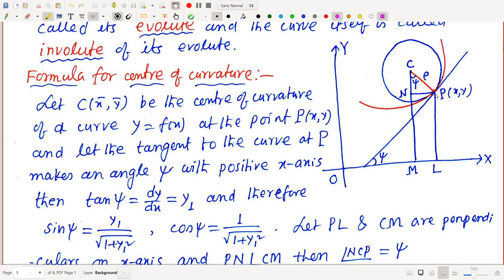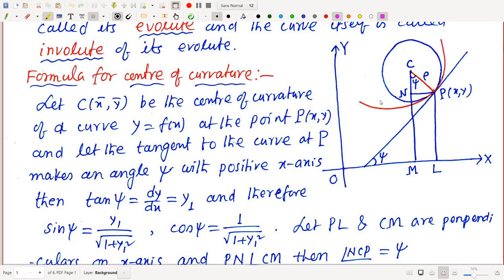At this point the radius of curvature is rho, and CP is the normal. C is at a distance rho from P on the concave side of the curve, and this is the center of curvature.